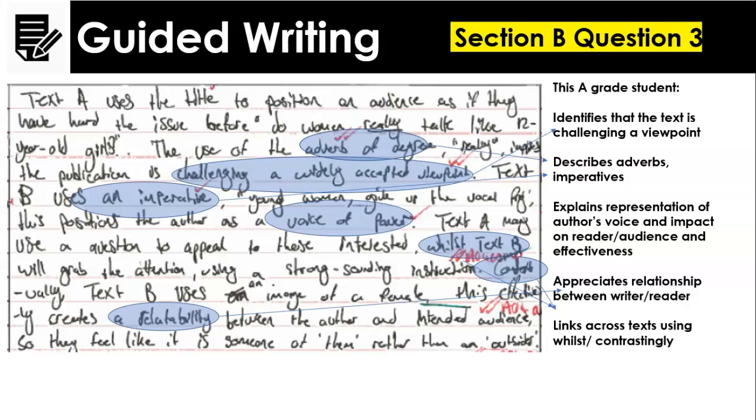As long as you can construct paragraphs that represent the key elements, that you identify a viewpoint, that you can use descriptive language labels, that you can explain and evaluate, that you can appreciate and link, however that looks within your particular paragraph, you will be successful.